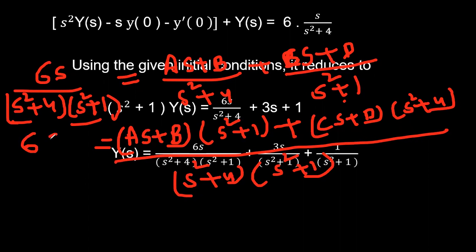On the LHS side, you will have 6s by s squared plus 4 into s squared plus 1.